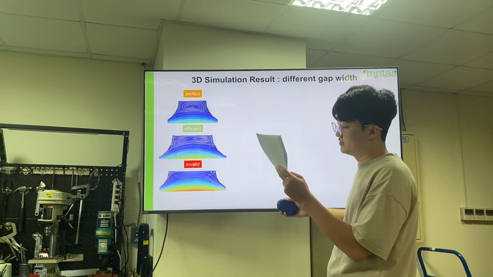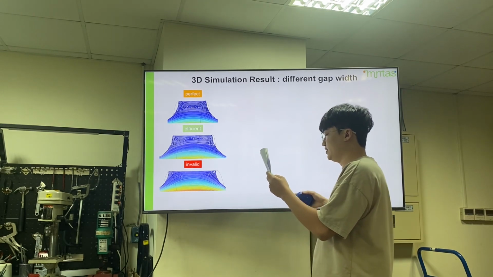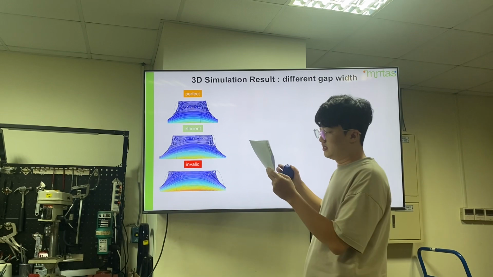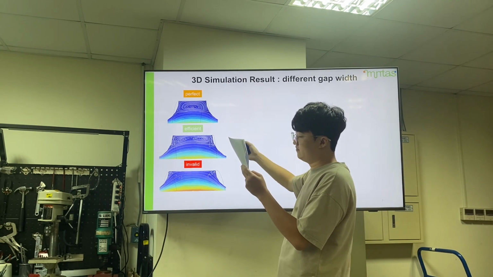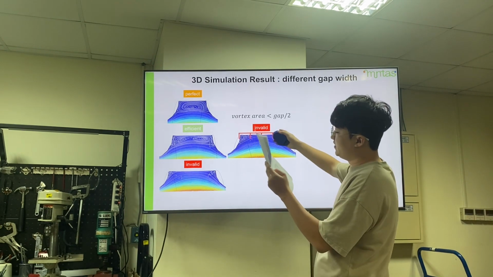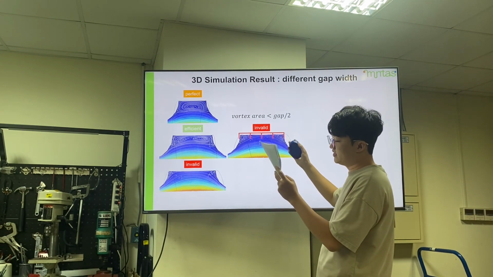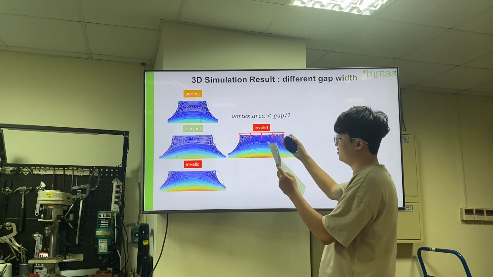Hence, we conduct a series of tests with varying gap widths, categorizing vortex as perfect, effective, or invalid. An effective vortex is defined as one where the vortex area exceeds half of the gap width.